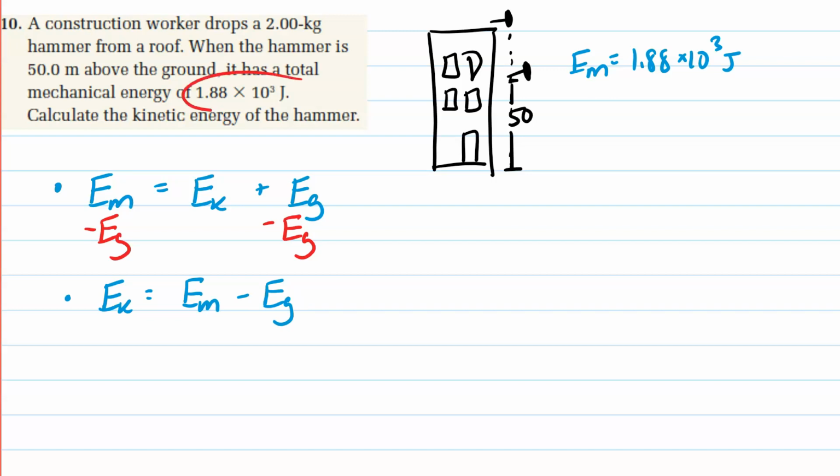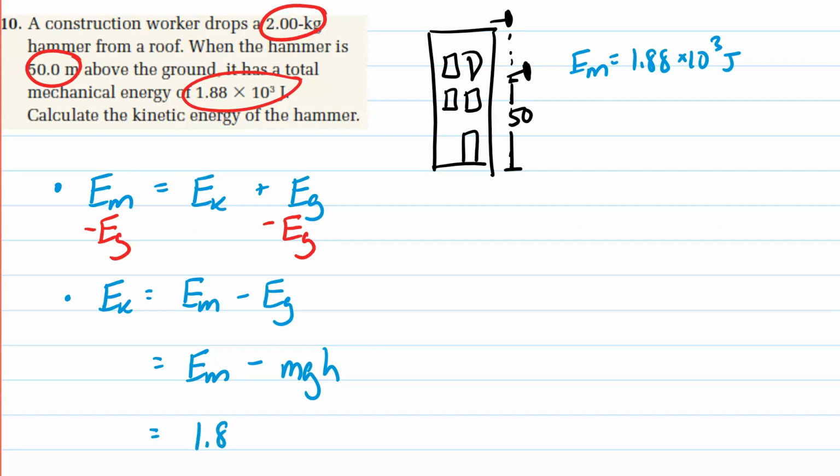You're given the mechanical energy. You're not given the gravitational potential energy, but you're given height, you're given mass, and you know you're on Earth, so you have g. So we can break this equation down a little bit into EM minus mgh, and then we can fill in our numbers.